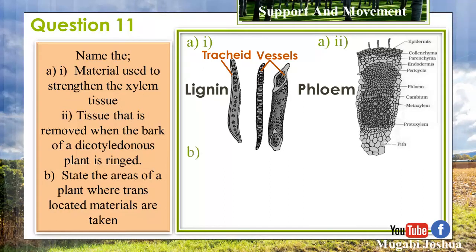Then we go to Part B. Part B says, state the areas of the plant where translocated materials are taken.